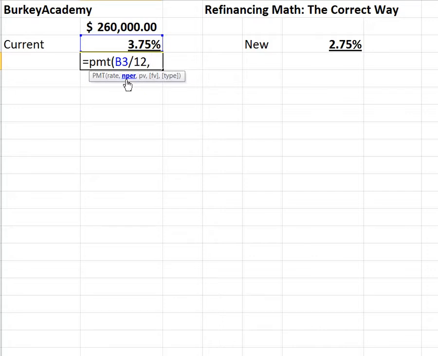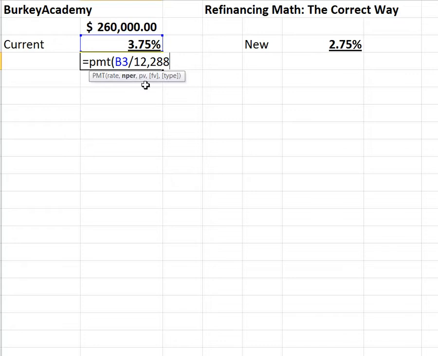I don't want to extend the life of my mortgage to 30 years from today because I've already had a 30-year mortgage for 6 years now. So I want to just refinance it over 24 years. I don't want to make it any longer. So 24 years times 12 equals 288 payments. That's what I'm going to put here, 288 payments.